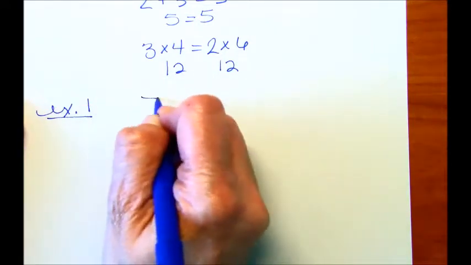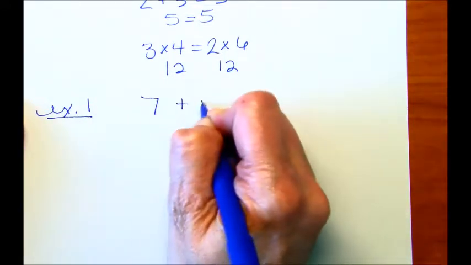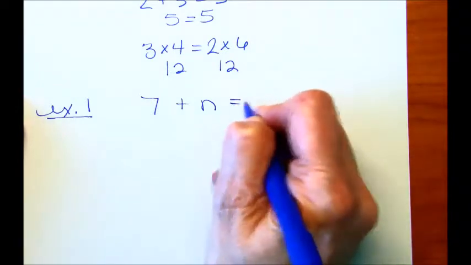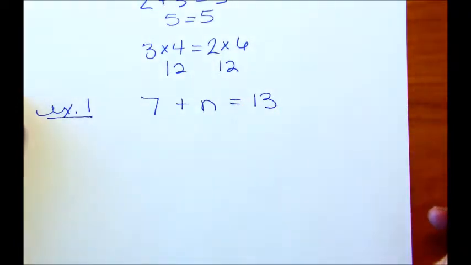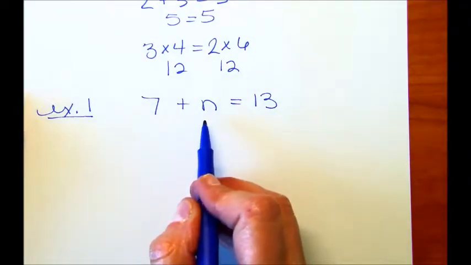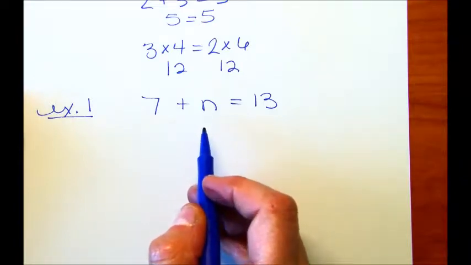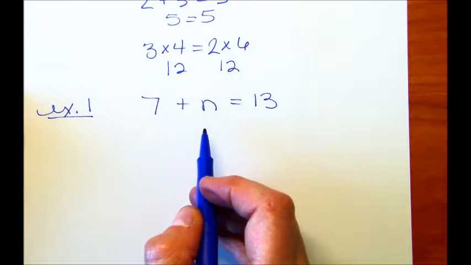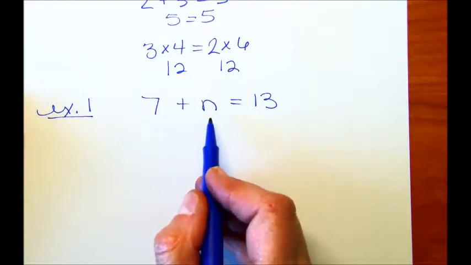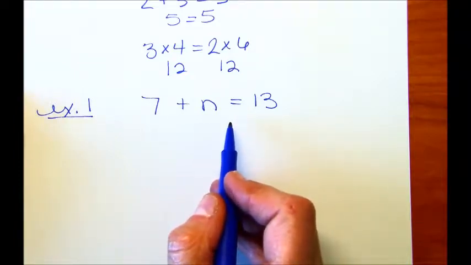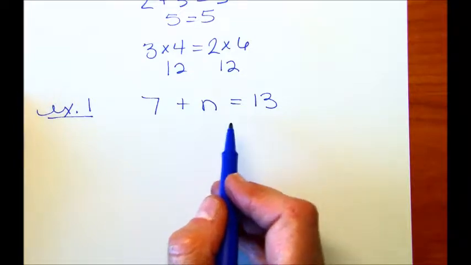So say we have 7 plus a number, and that's going to equal 13. Now in this case I'm using n, but you can use any letter when we're talking about variables. The most common letter is x. In this example I used n, but for the other examples I'm going to mix it up and use some other letters.